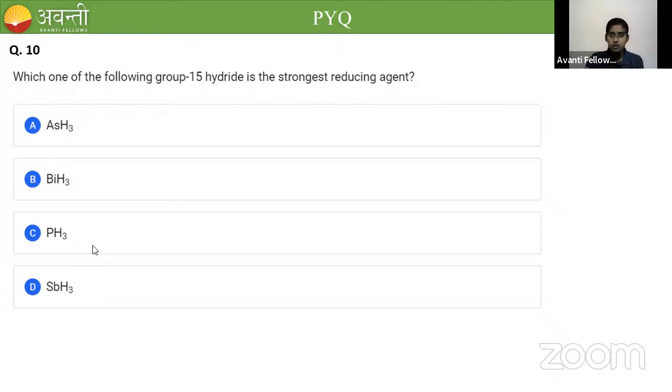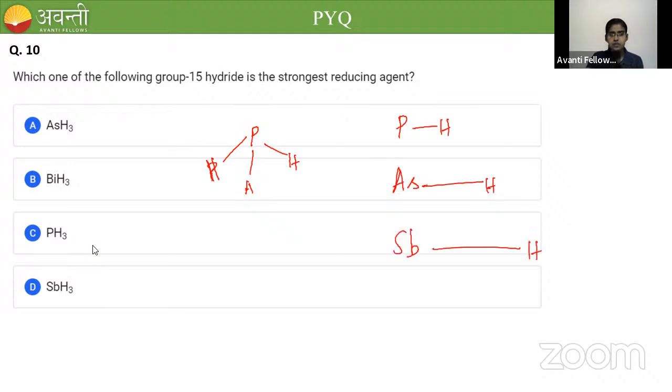Now, we all know that on moving down the group, the bond length between the element and the hydrogen increases, right? Let me take it like this: PH3, and after phosphorus, arsenic comes, so AsH3, then antimony, then bismuth.